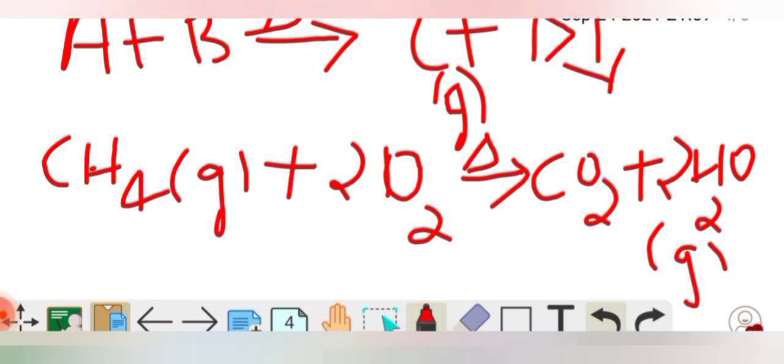Now we'll quickly come to the types of chemical reactions. There are many different types of chemical reactions we will be studying in this chapter. We will start with the combination reaction, going with its definition.